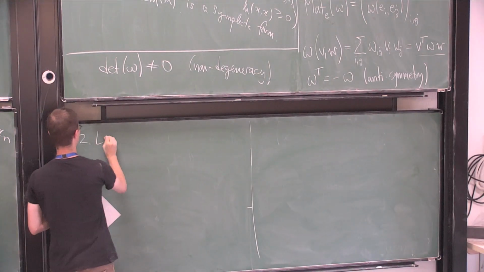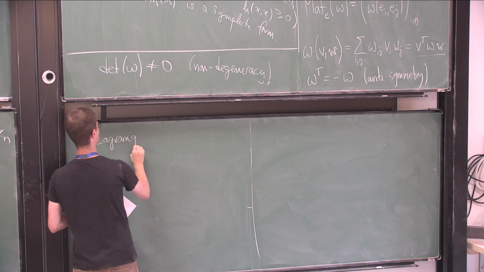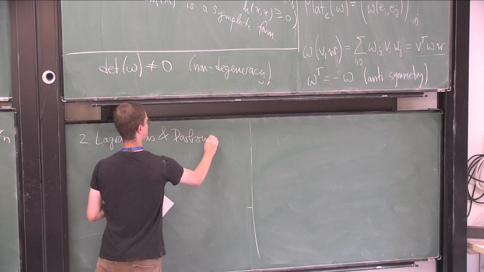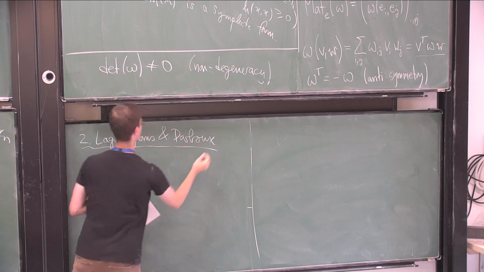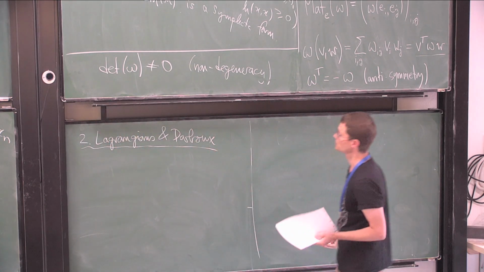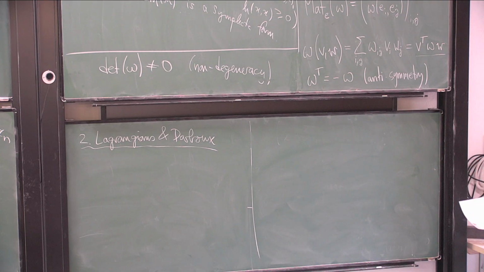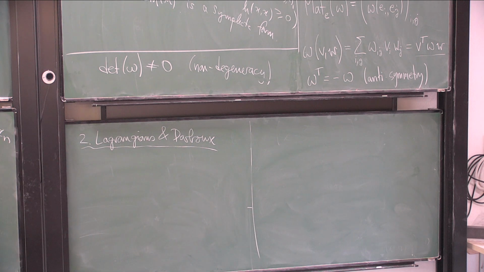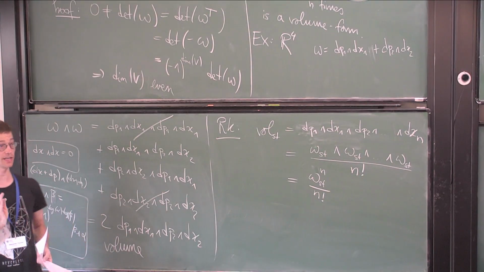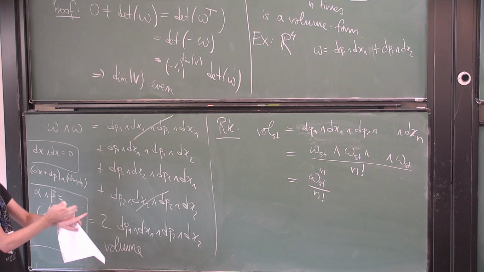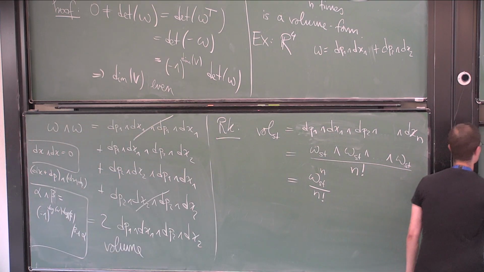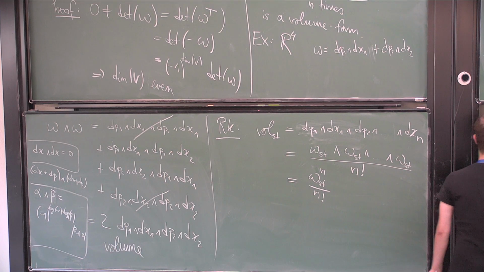Okay, so second part. When you're in linear algebra and you have a bilinear form, for example when you have a metric and a scalar product, it's interesting to consider orthogonal complements. There's a very similar definition in the symplectic world.